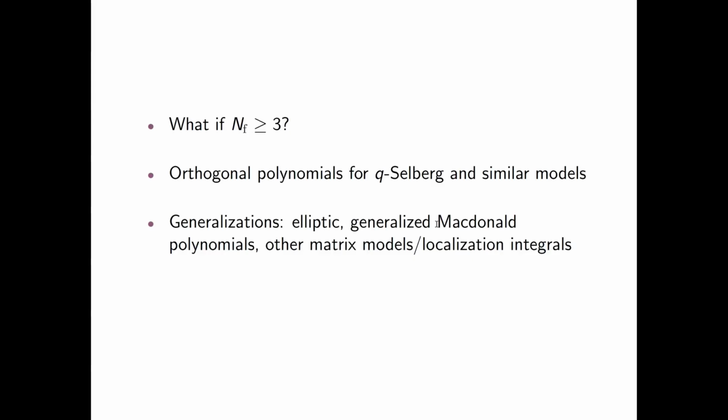That would be nice. I skipped orthogonal polynomials, so I also skipped this question. And there are, of course, many possible generalizations. One direct one is going from these QT deformed models to elliptic QT deformed models.